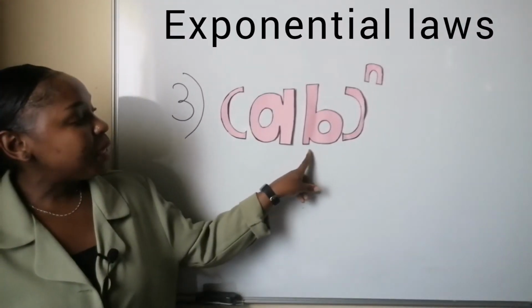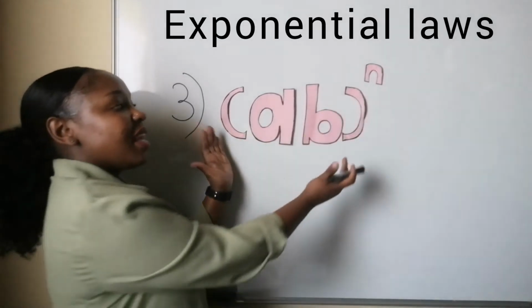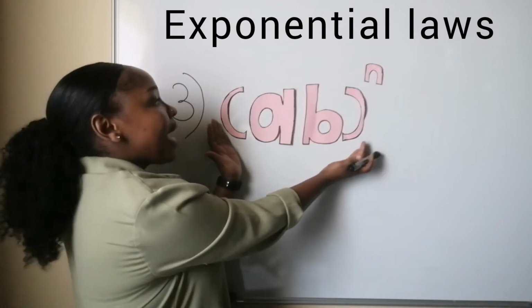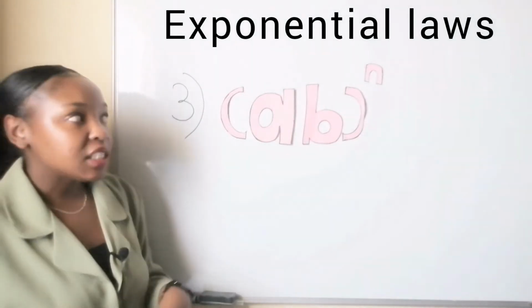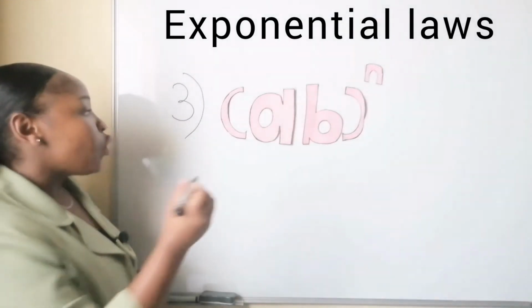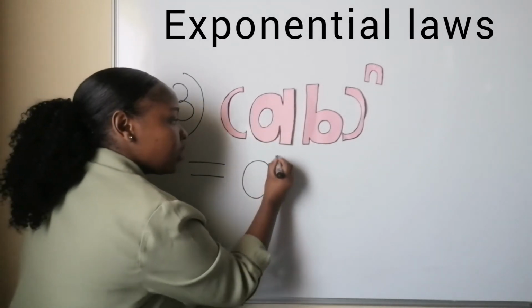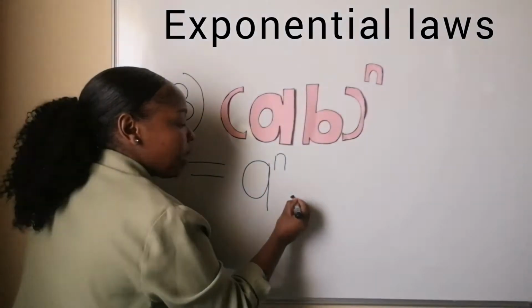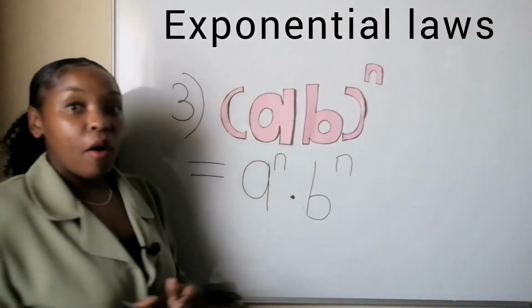Let's have a look at the third exponential law. We've got a times b all raised to the power of n. So everything inside this bracket is raised to the exponent n. What does this mean? This means that the a is raised to the power of n and multiplied by the b, which is also raised to the power of n.